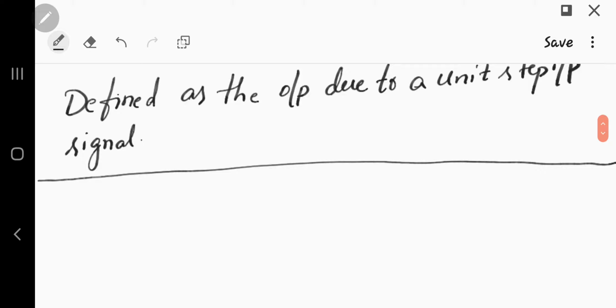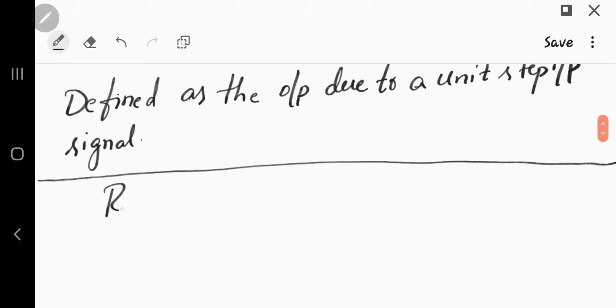One more thing is, we can use the relationship between the impulse response and step response to express either of them. That means, if you want to express the impulse response in terms of step response, how can we do that?